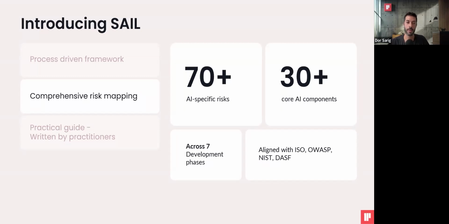And this is also covering more than 30 core AI components. And this is crucial also because, in our opinion, effective AI security goes way beyond just prompt security. It requires securing the entire AI supply chain and ecosystem. It means the models, the data sets, your MCP deployments, your coding agents, and much more.